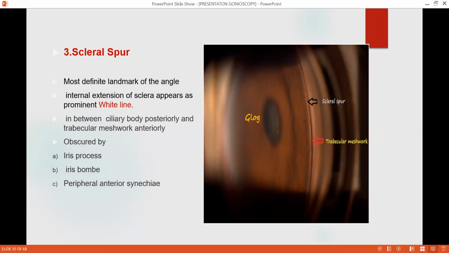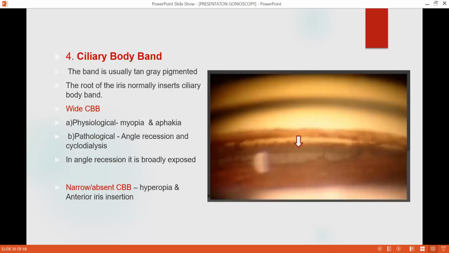Sometimes you may not see the scleral spur as it could be obscured by iris processes, iris bombe, or peripheral anterior synechiae. The posterior structure is the ciliary body band. It is a tan gray colored pigmented band, and it can be seen in physiological conditions like myopia or aphakia.